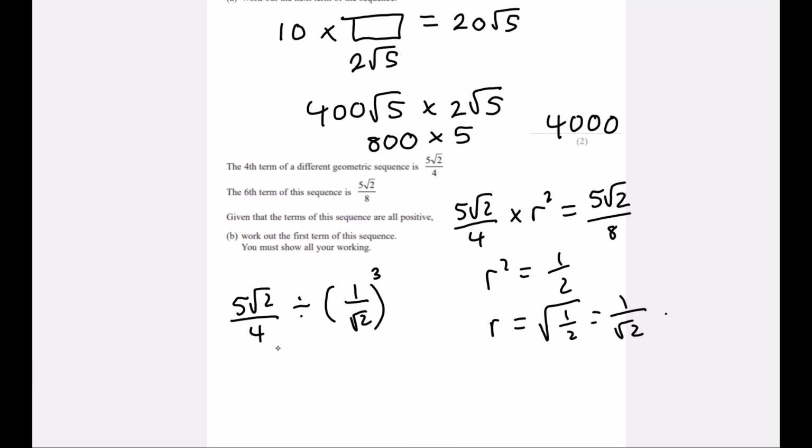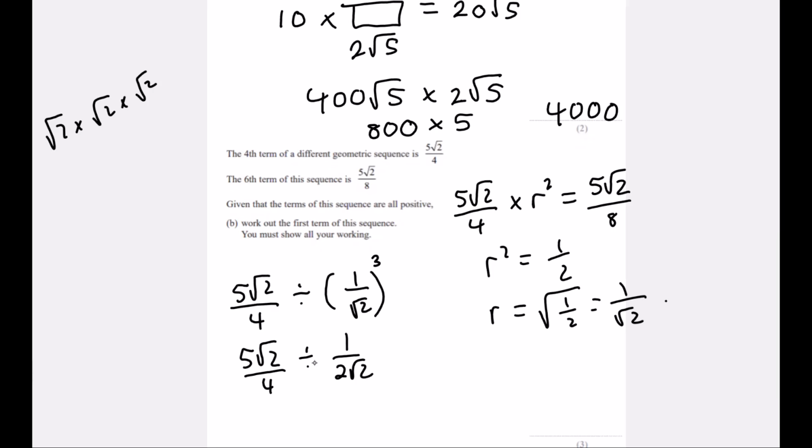So let's cube it first. So that's 5 root 2 over 4. 1 cubed is 1. Root 2 cubed, so root 2 times root 2 times root 2. So root 2 times root 2 is 2, and then 2 times root 2 is 2 root 2. And to divide by a fraction, we can change it to a times and flip it over, the reciprocal.